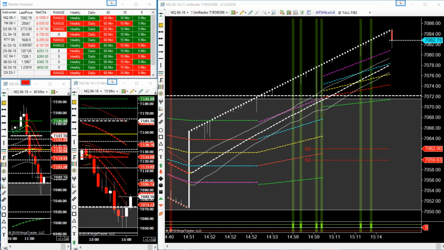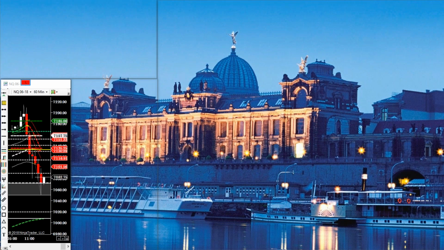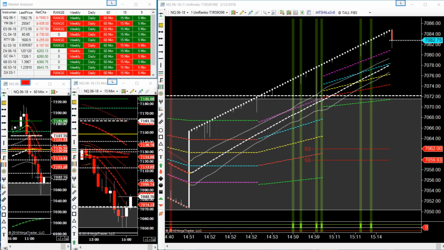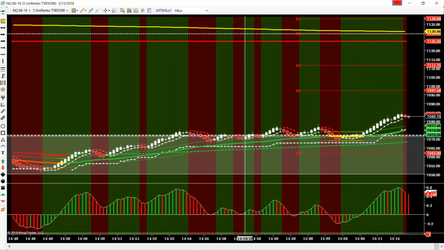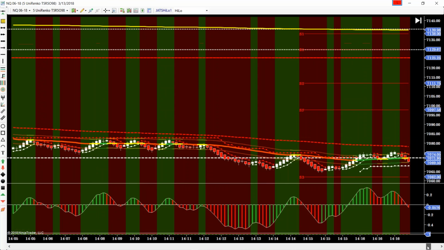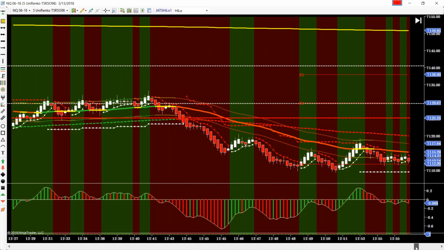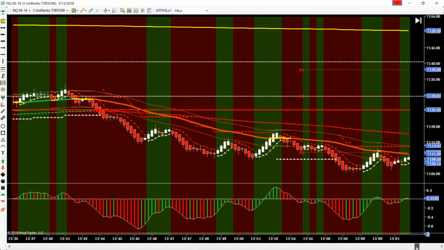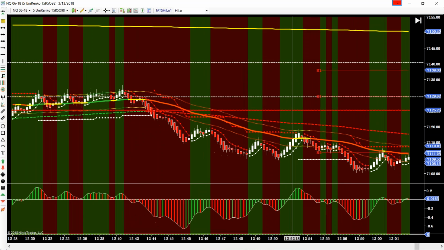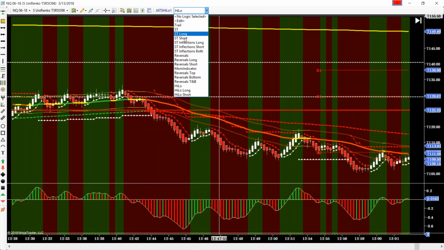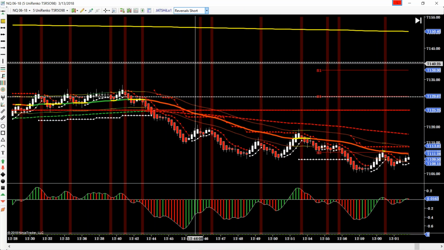You know, some traders would just like to take the high-low 1 template and just trade it. It sets up so very well on these downtrends. You can set this up for reversal short.